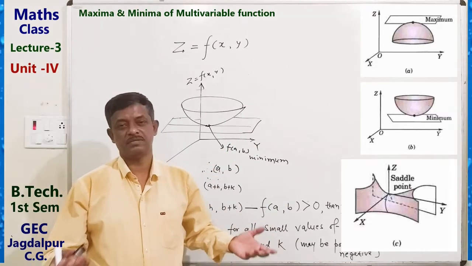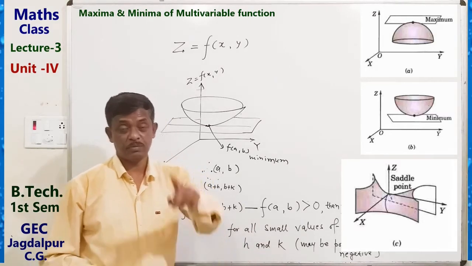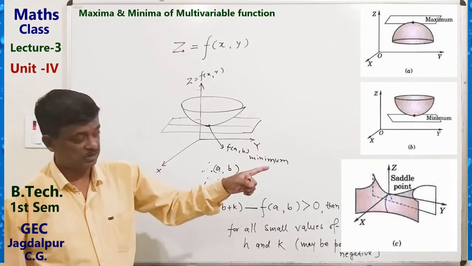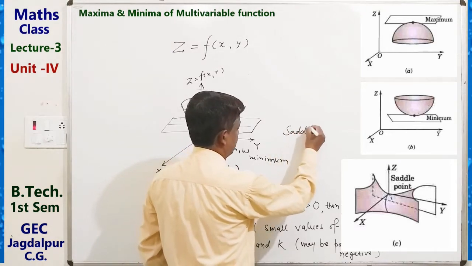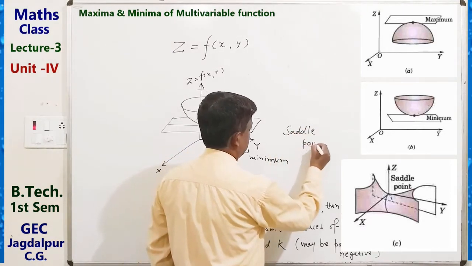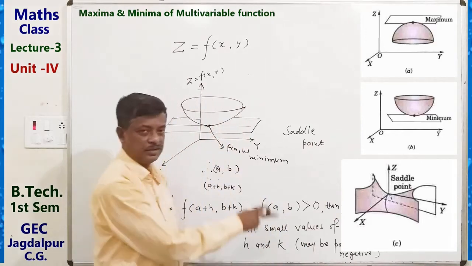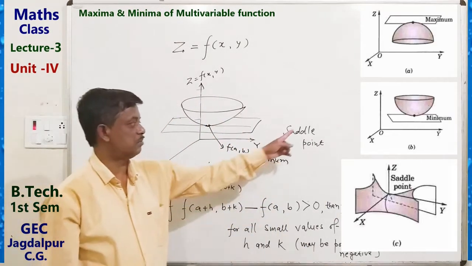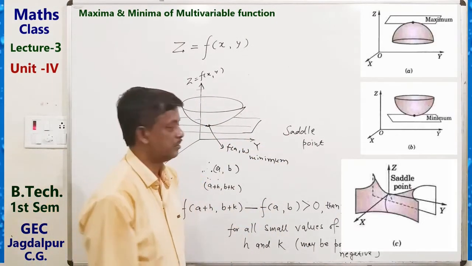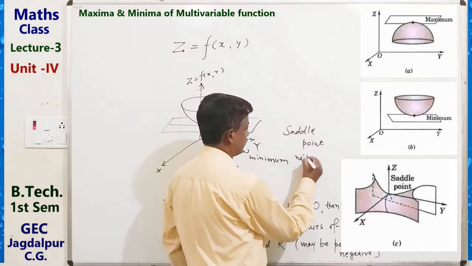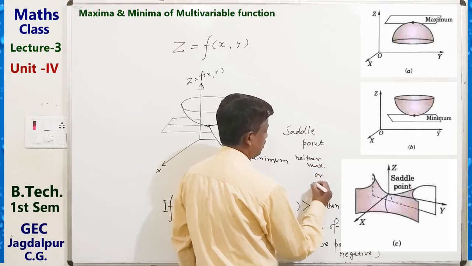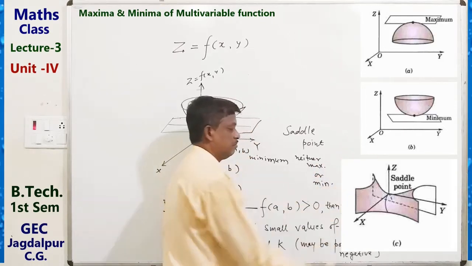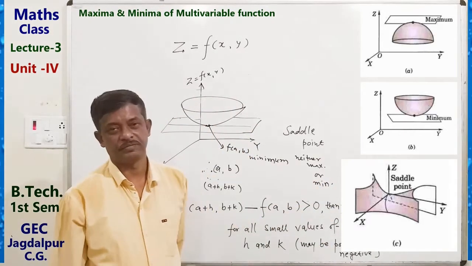So it is neither maximum nor minimum. That type of point is called a saddle point in the third diagram. Saddle point. Neither maximum nor minimum. Okay?